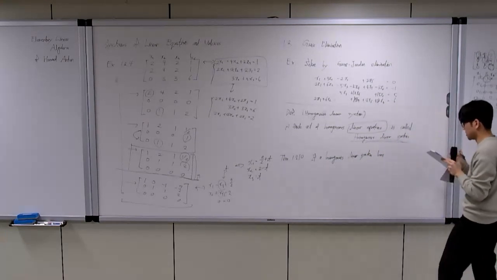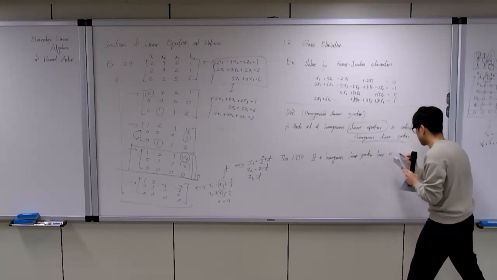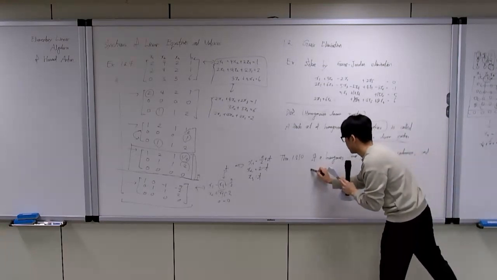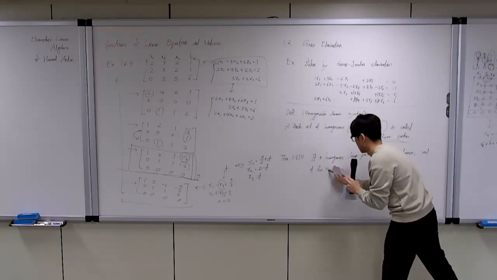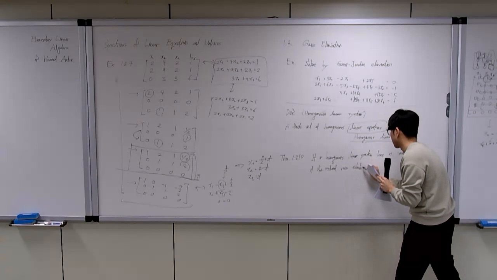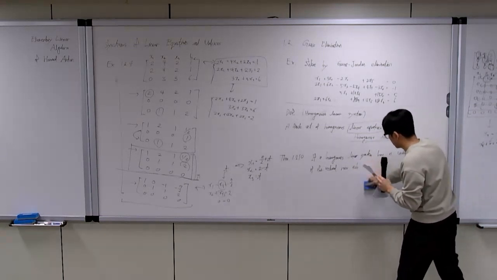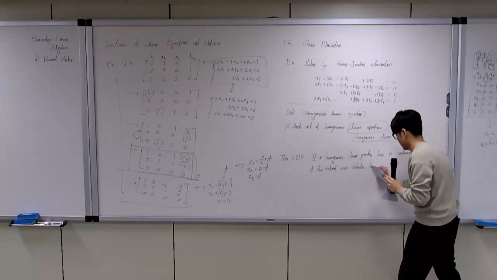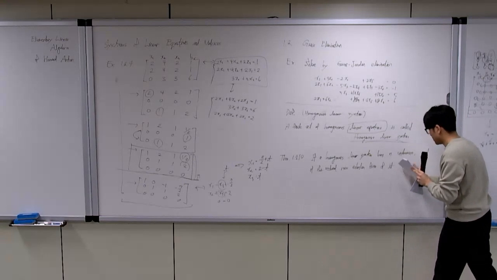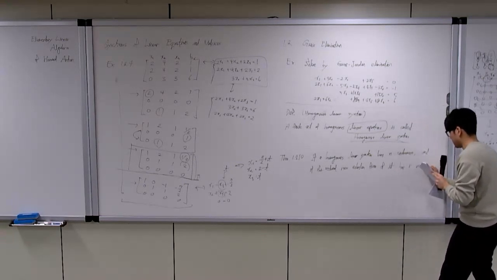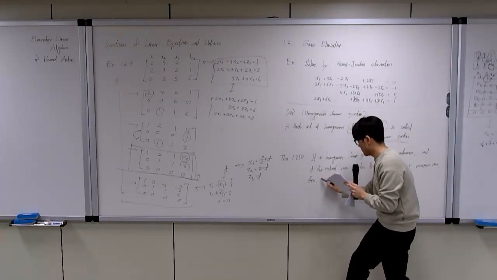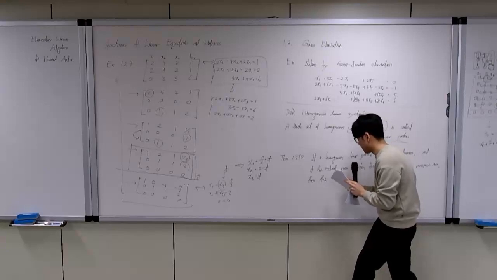If a homogeneous linear system has n unknowns, and if the reduced row echelon form has r non-zero rows, then the system will have n minus r free variables.